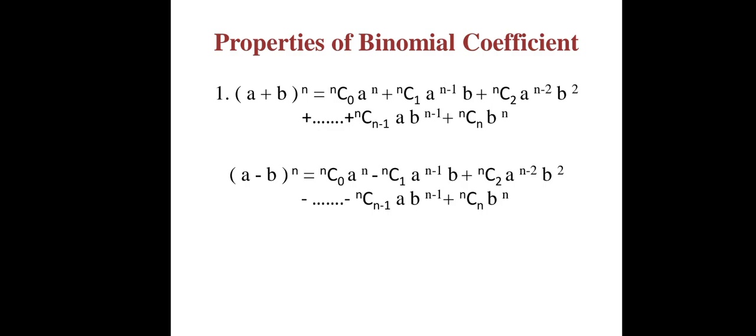We just have a sign change: the first one has a plus sign, the second one has a minus sign. So in writing the formula, the overall concept will be the same, but only due to the negative sign we have to follow a positive, negative order in the a minus b whole raised to n formula.